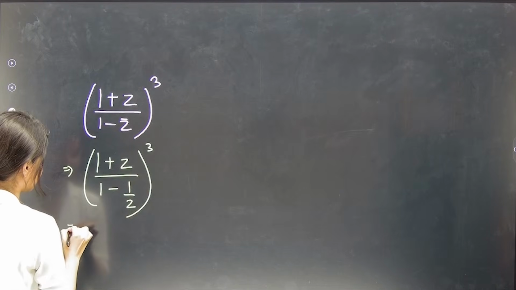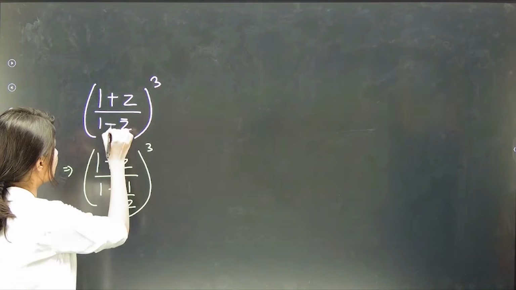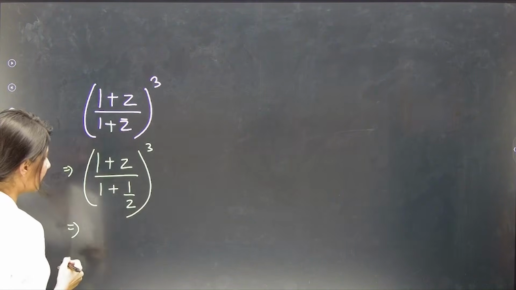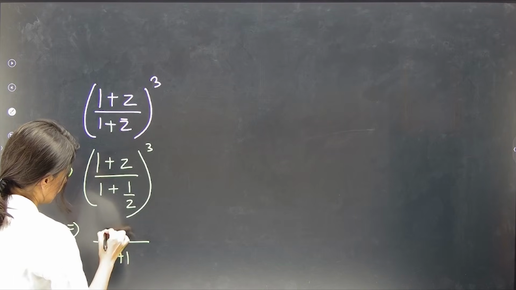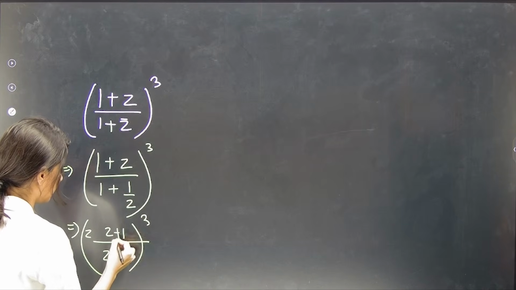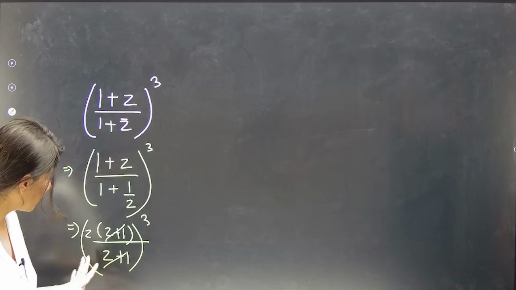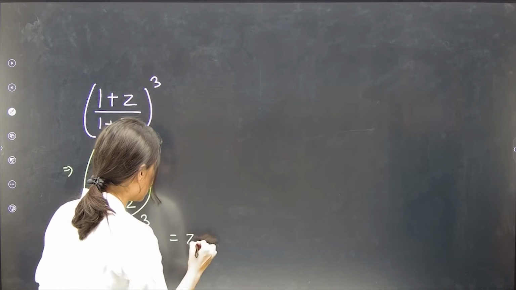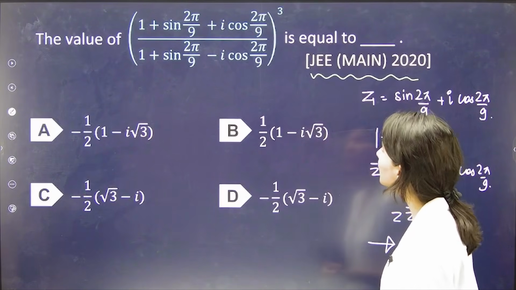This is minus, right? No, sorry, it is plus only. Now take LCM. So this is z plus 1 upon z plus 1, z cube. Clearly, if you take LCM, z plus 1 is gone. This is nothing but simply z cube.